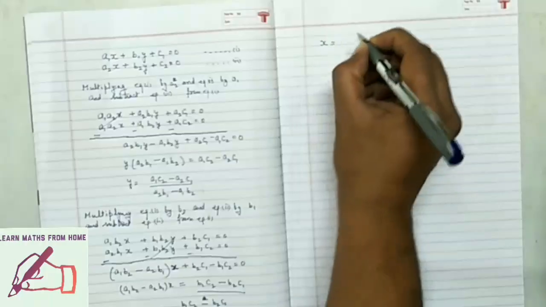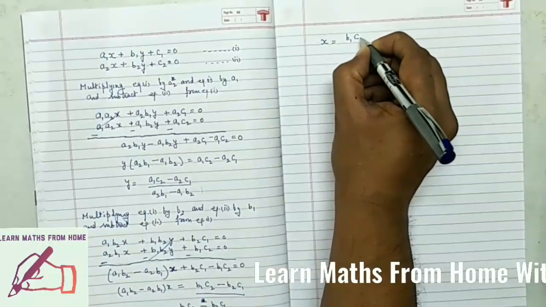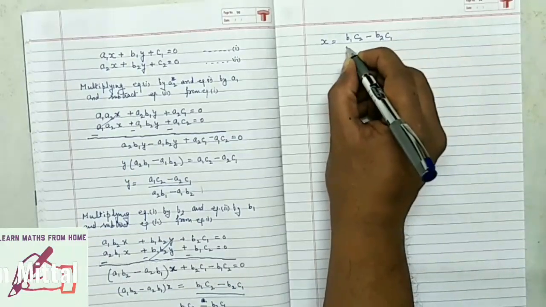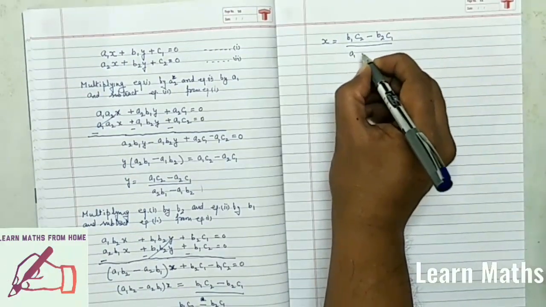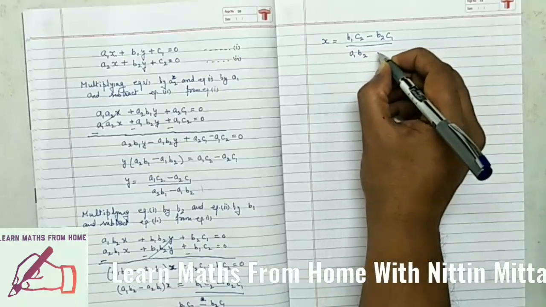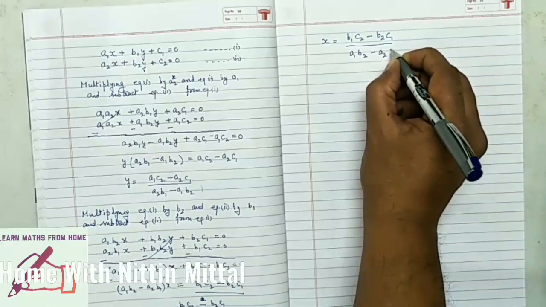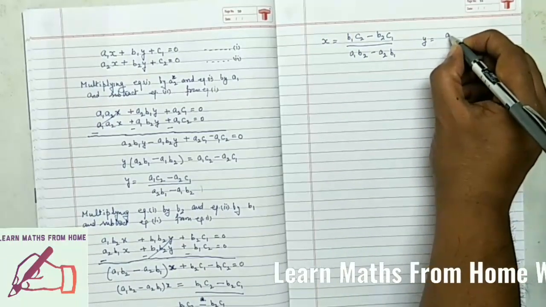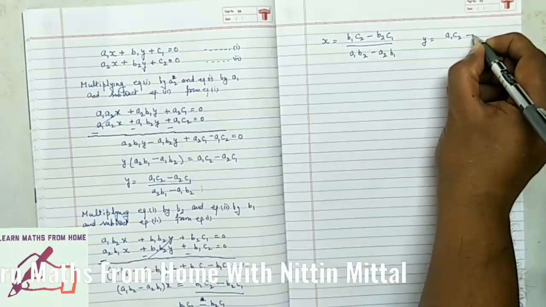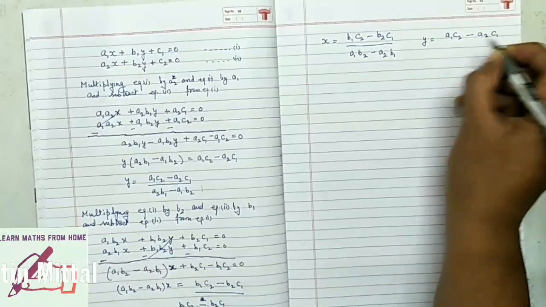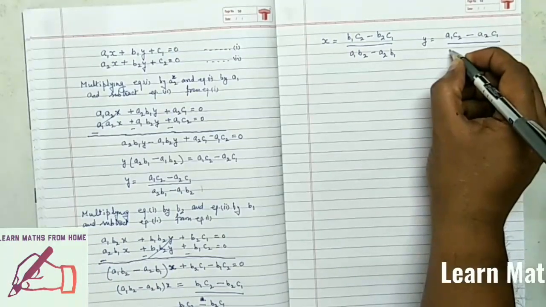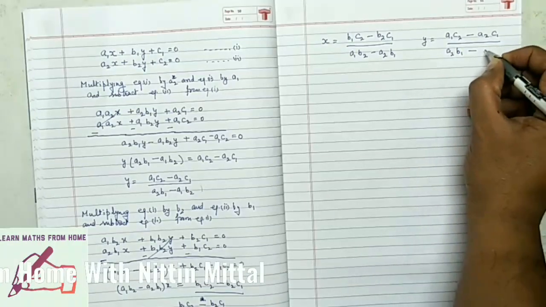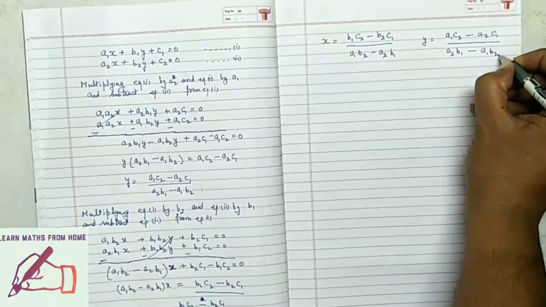So we got x is equal to b1c2 minus b2c1 over a1b2 minus a2b1, and the y value we got is a1c2 minus a2c1 over a2b1 minus a1b2.